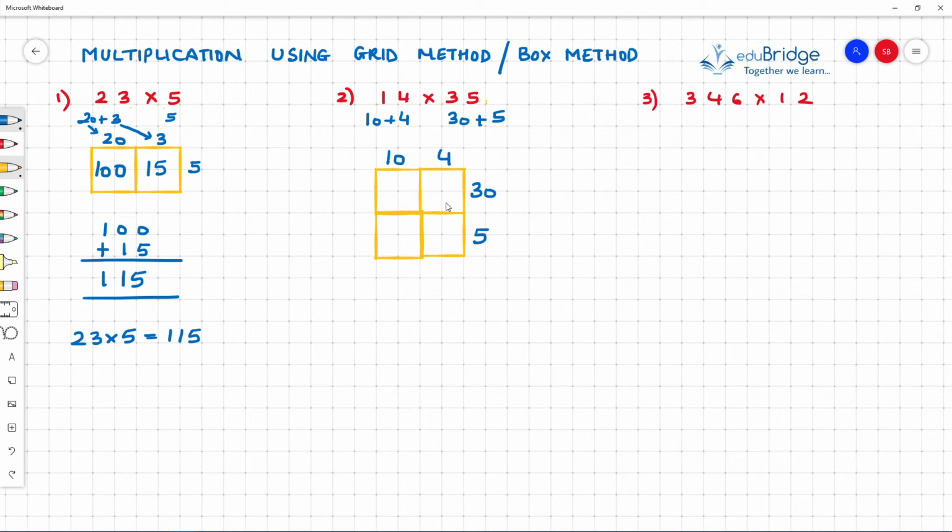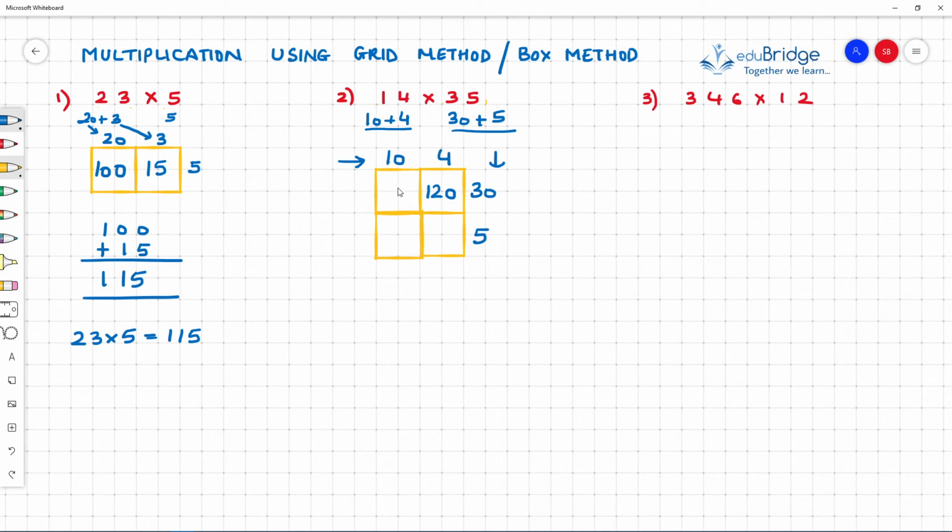You see now why we cannot draw all the 4 boxes in the same line? Because we need to put one number in the horizontal manner and the second number in the vertical manner. So we need boxes like this. So let's multiply the numbers for this box. We have 4 and we have 30. So 4 times 30 will be 120.